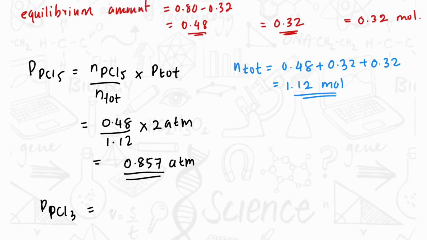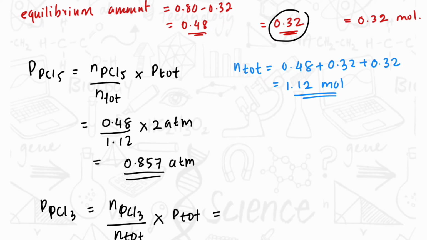Now let's find the partial pressure of PCl3, and here it should be n PCl3 divided by n total times P total. Then the number of moles of PCl3 will be 0.32 divided by 1.12 times 2 atm.